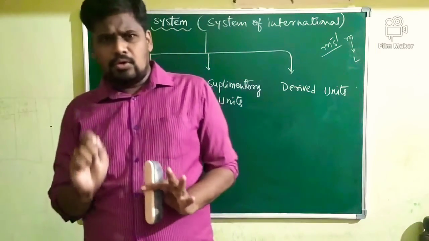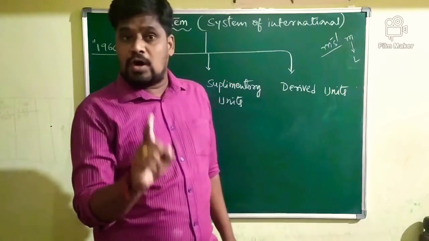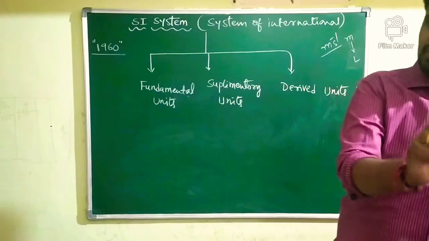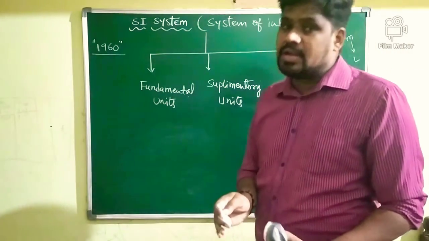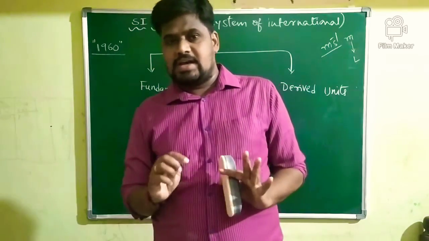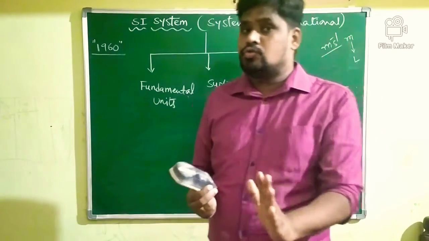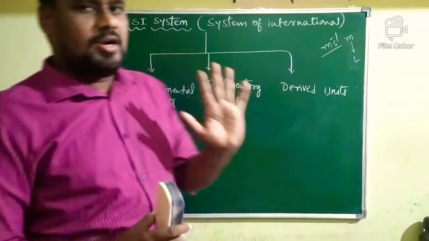So, don't get confused. Units which are used for fundamental physical quantities are called fundamental units. Units used for supplementary physical quantities are called supplementary units. Units used for derived physical quantities are called derived units.